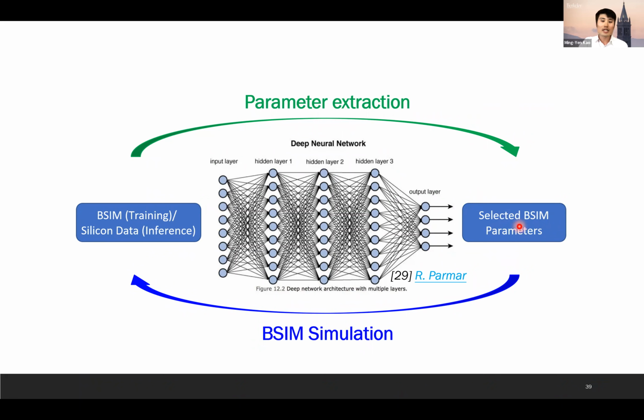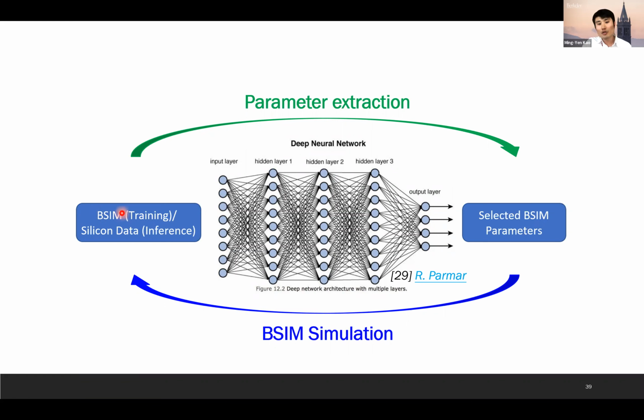And we can run the BSIM simulation and randomize those selected parameters within a range. And we can also generate the corresponding output of the BSIM model, which will be the IV, current versus voltage, and the CV, capacitance versus voltage, results.